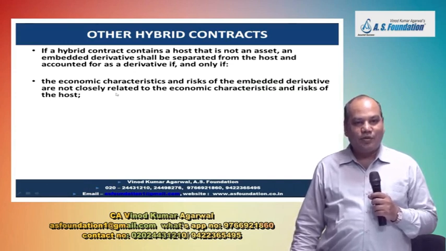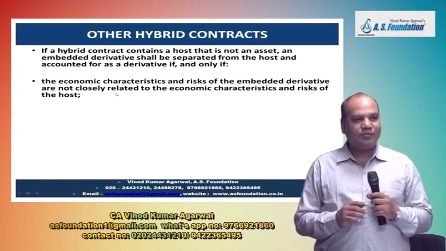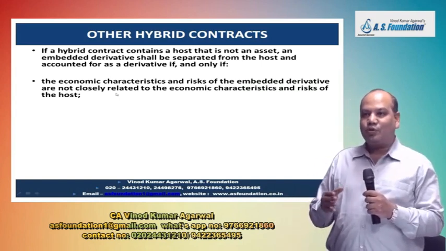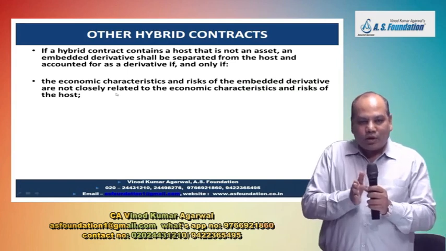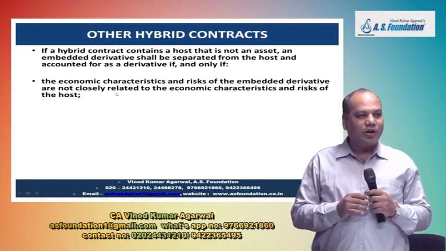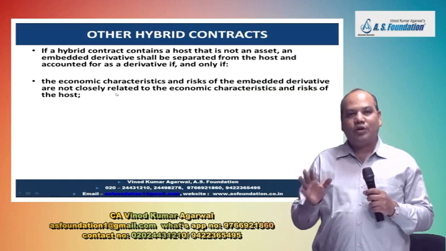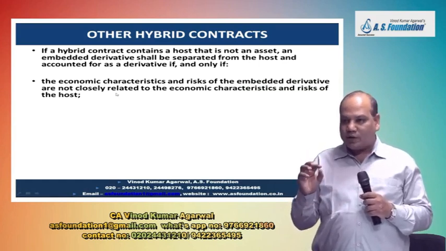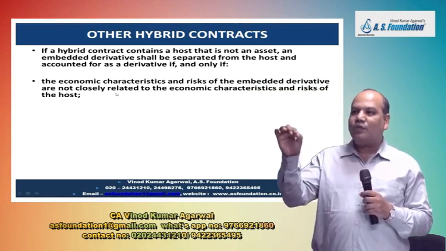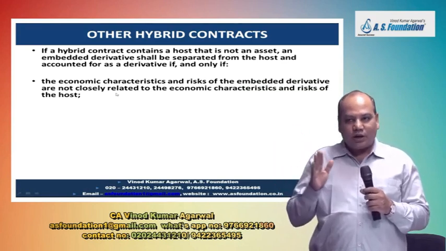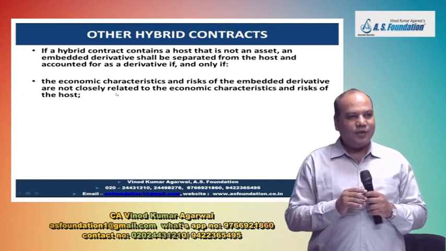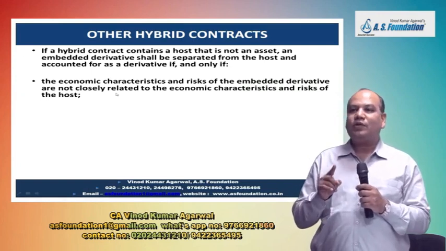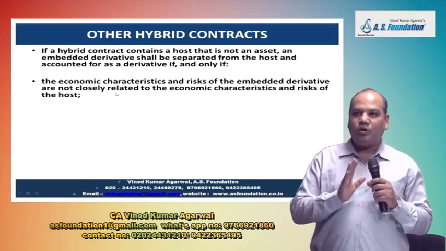The economic characteristics of the embedded derivative and the economic characteristics of the host instrument are not closely related. Now what do you mean by not closely related? That means the factors which affect the risk and return of the derivative are different from the factors which affect the risk and return of the host contract.